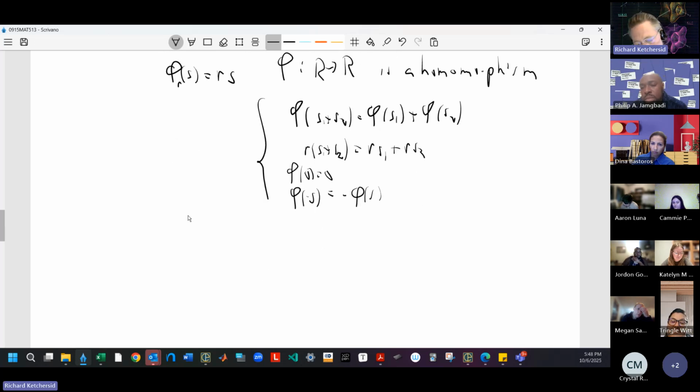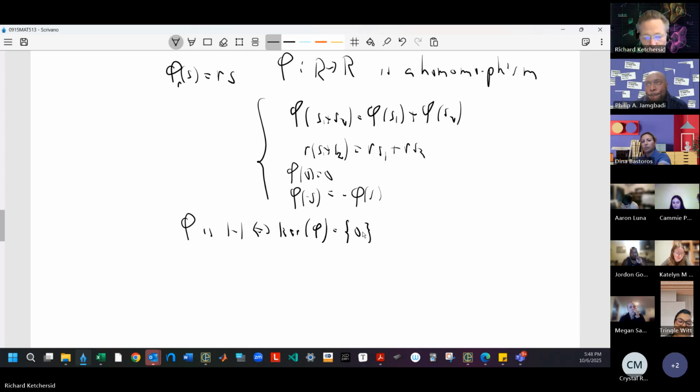Okay. So phi is 1-to-1 if and only if the kernel of phi, now we're just looking at the group part, right? The kernel of this phi is the identity element, which in this case is just 0, right? But what does it mean to say the kernel of phi is the identity element? It means that the set of all S such that RS equals 0 is just 0, right?